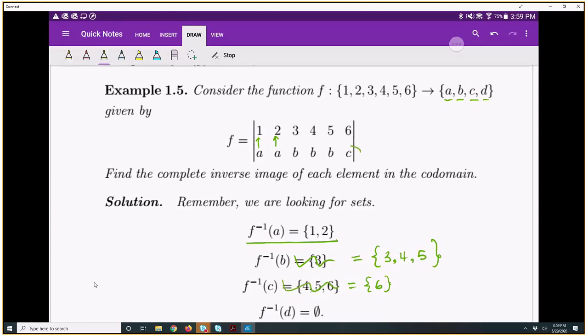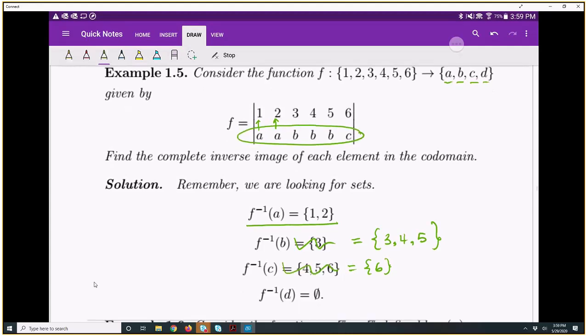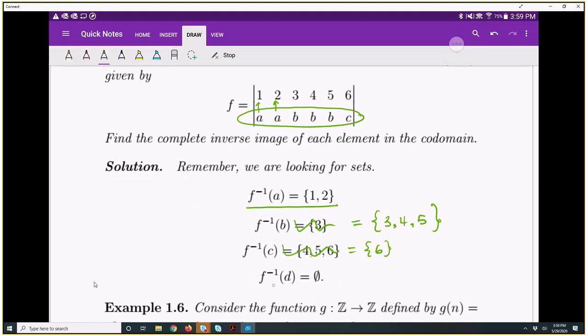Again, just from reading this table. We can also find the inverse image of the element d, even though no element was mapped to d. We're just looking for the set of all elements that map to d, so that's going to be the empty set.